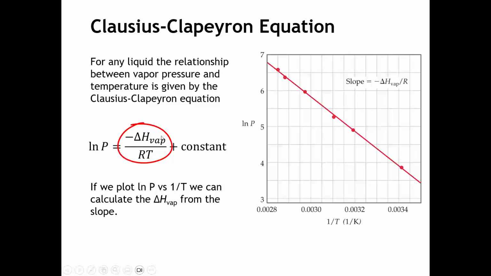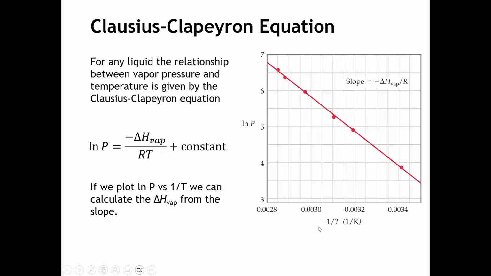And so what you can see here is that when you have a higher enthalpy of vaporization, that means stronger intermolecular forces. This term here, delta H over R, is going to be more highly negative. And that means that the pressure is going to be smaller.